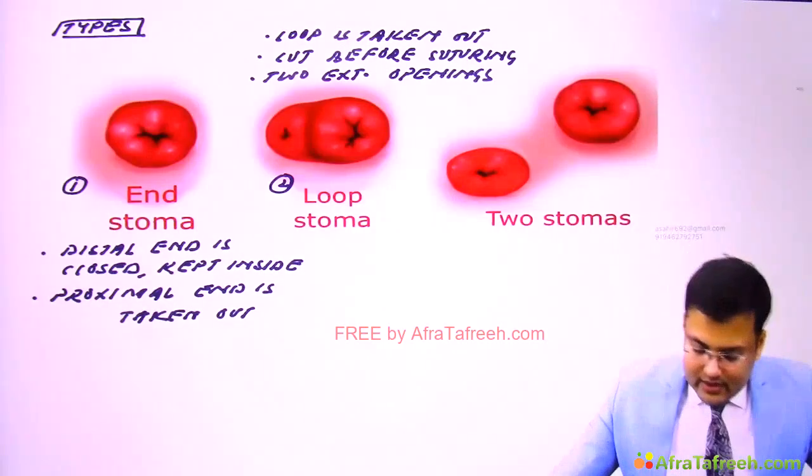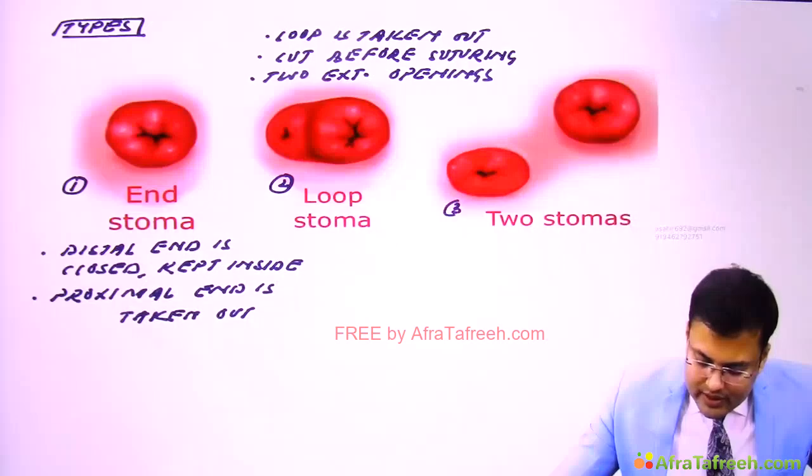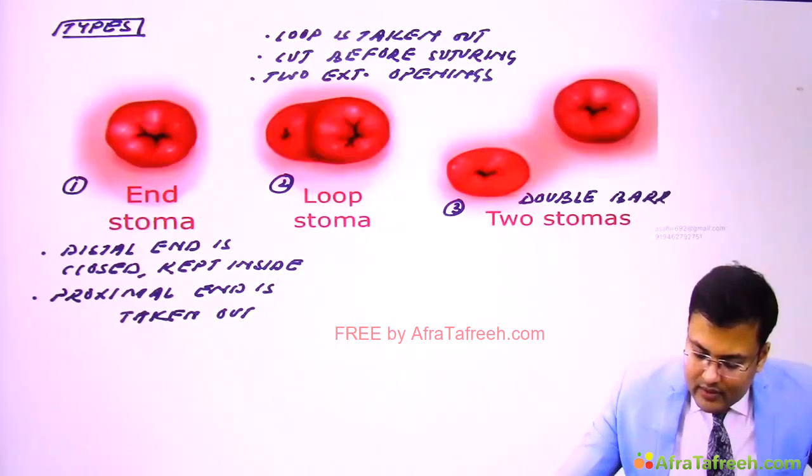And the third is double barrel. So there are two separate stomas. This is known as double barrel. Clear?